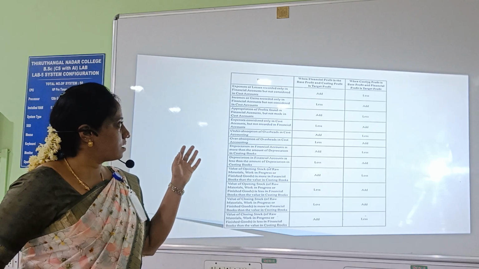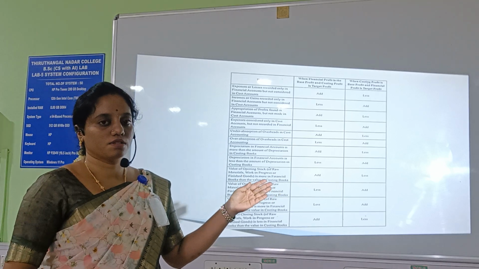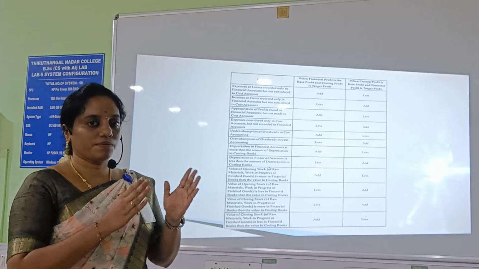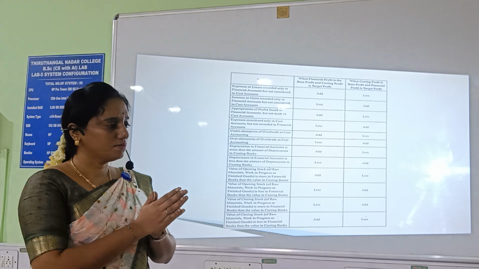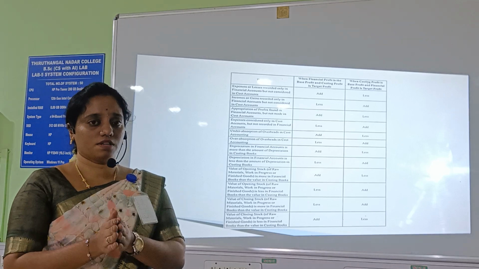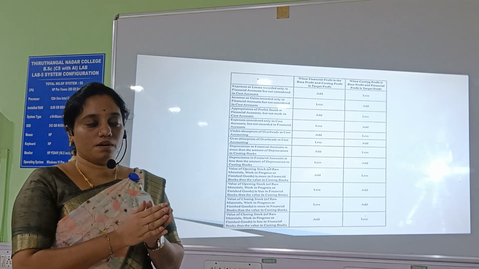Some items, like expenses or losses, are recorded only in financial accounts but not considered in cost accounts. We have to take whether financial account profit is based on financial accounting as the basis or cost accounting as the basis. So we have to first determine that. Why?